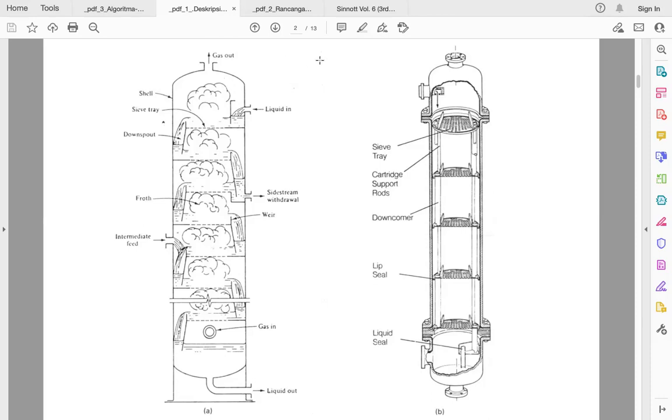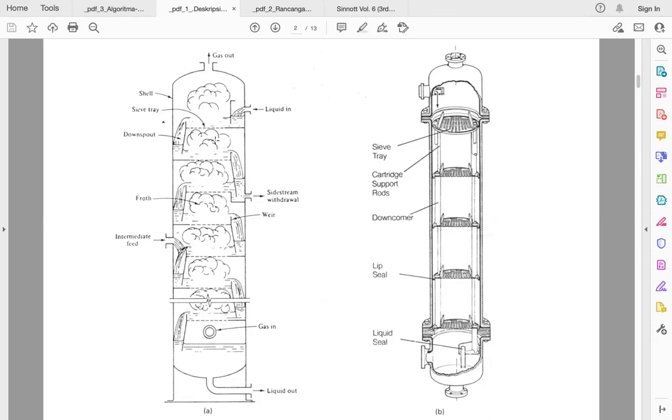Okay, and then we have the gas out, and this will be connected to the condenser, and from the condenser there would be a holding tank, or a separator tank. From the separator tank, of course, it should be divided with the reflux ratio, some of it going back inside and some taken out as the distillate product.